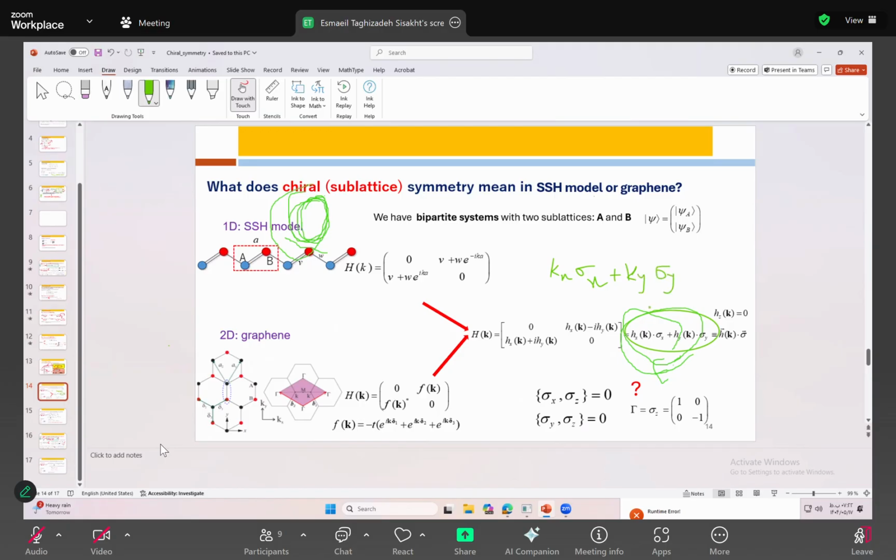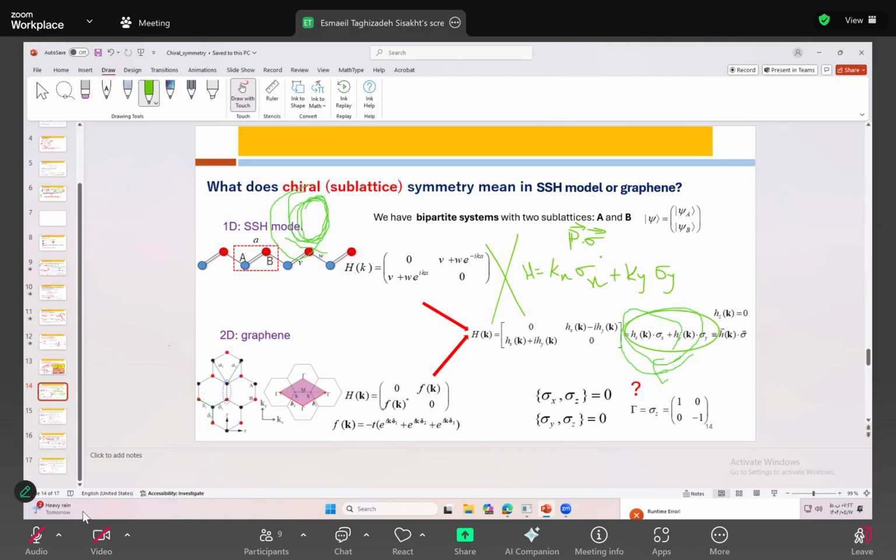Around that K point, the Hamiltonian is described by this form, and this is very similar to the P dot sigma term in the Dirac equation.